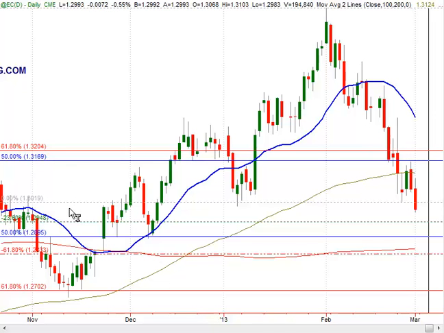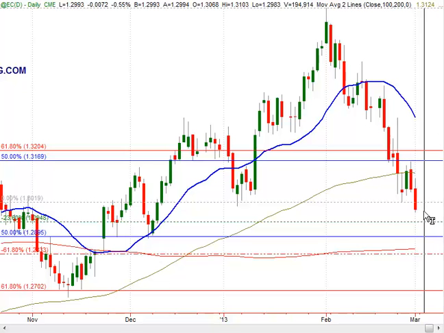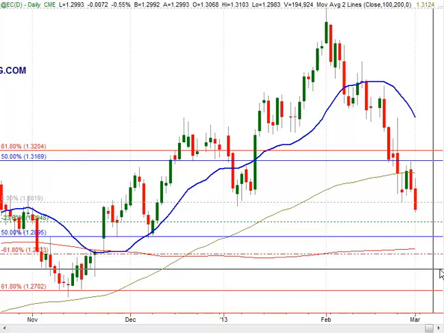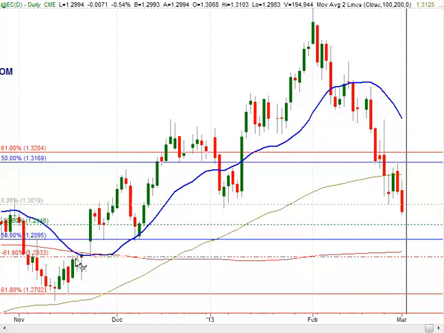The first one is in the 129.50 area, and we are very close to that. We might hit that today or maybe tomorrow, sorry, on Monday. And then we have the second target, which is in the 128.40 area here, which lines up with this level of support represented by the 20-day moving average.